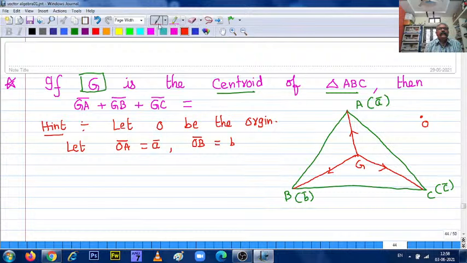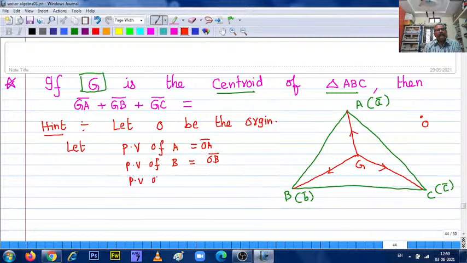So directly we can write like this also. Let the position vector of A be OA bar, position vector of B be OB bar, position vector of C be OC bar, right?